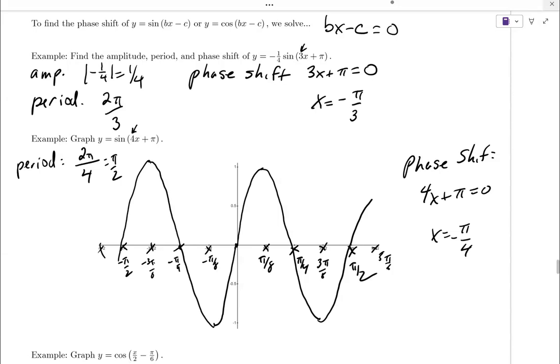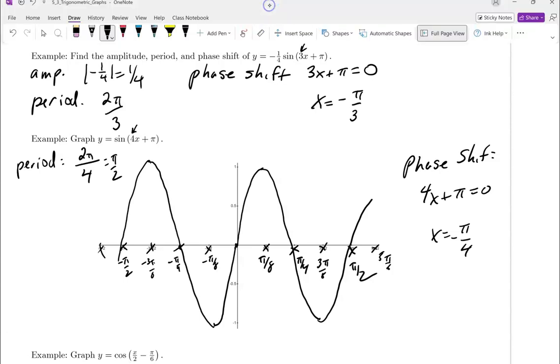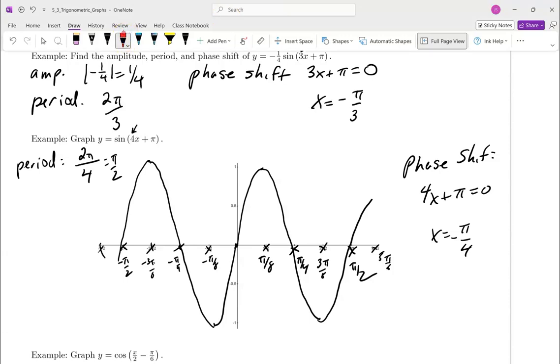And in this case, the negative tells us we're going to shift to the left, pi over 4 units. I've got the new scale, so I'm going to shift according to that new scale. When I shift, I'm going to shift everything pi over 4 to the left.